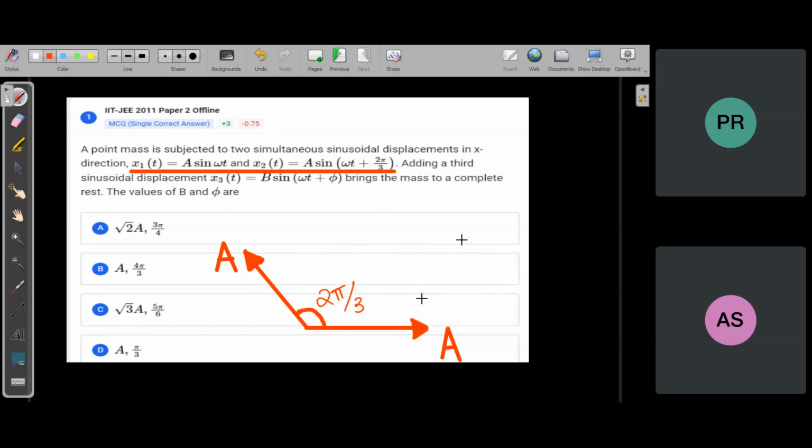The resultant amplitude will be A. The resultant of these two will be A. So what is the answer to this question?